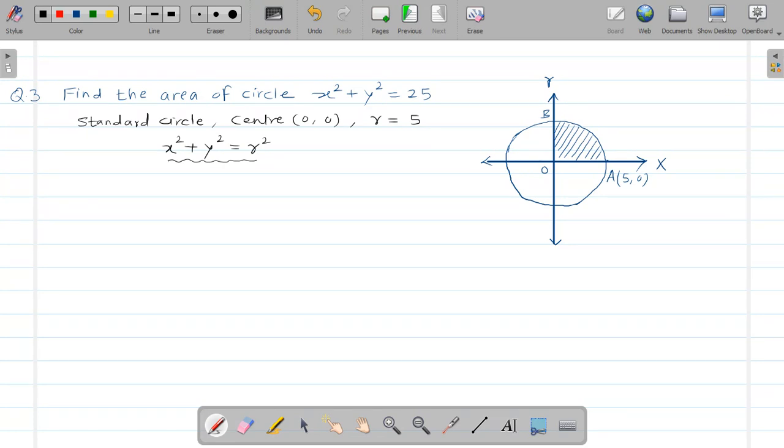But in this figure we have selected only this part of the region, only a quarter part of the region, so we are going to calculate only that from the figure.